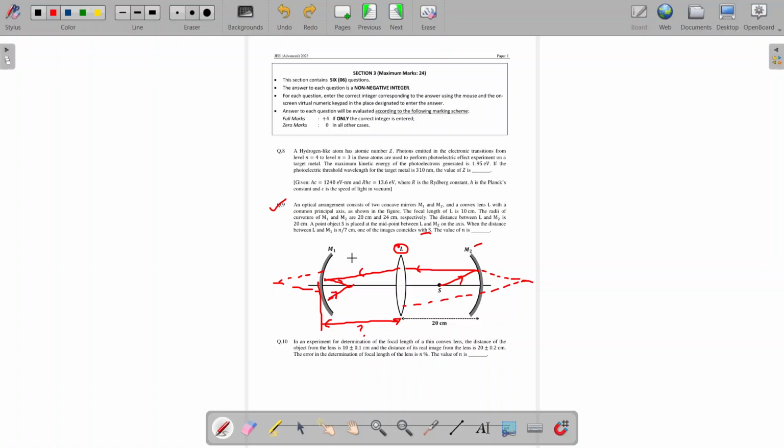So that would be possible if the lens forms the image at the pole of the mirror number 1, M1. If that happens, then it can basically bounce back. But with that, we would say that the answer would be simply independent.